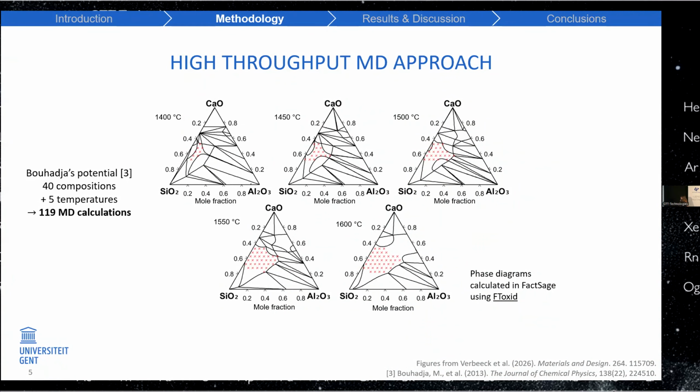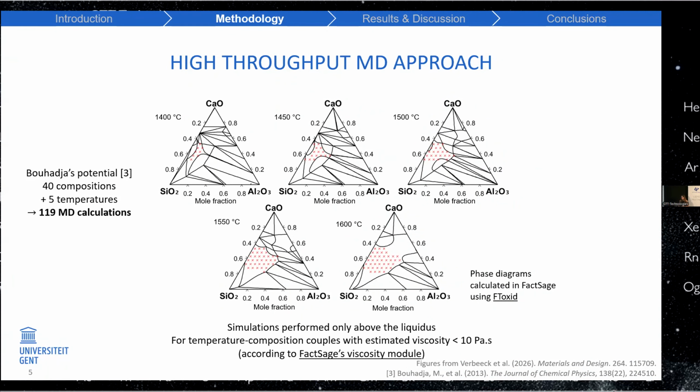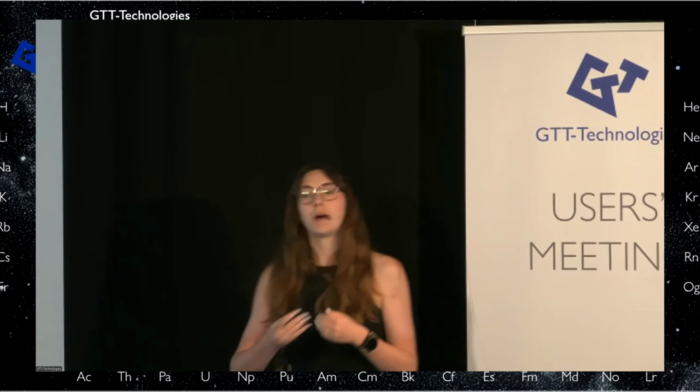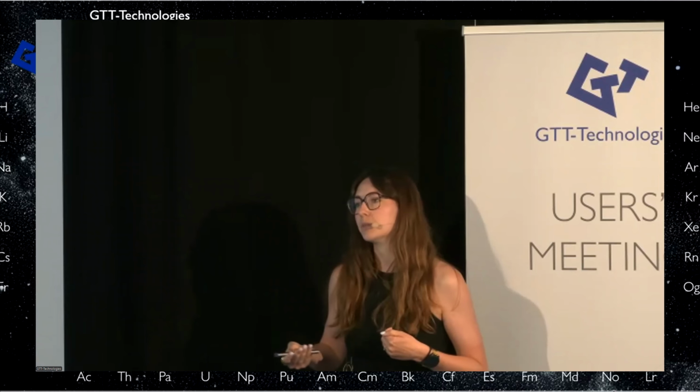We selected these points by the criteria that the simulations must all be performed above the liquidus, and the viscosity, estimated using the FactSage viscosity module, must be below 10 Pascal seconds, because if the melt would become too viscous, the whole slag moves too slowly, and we would need too much computational power, too long simulations to get reliable results.